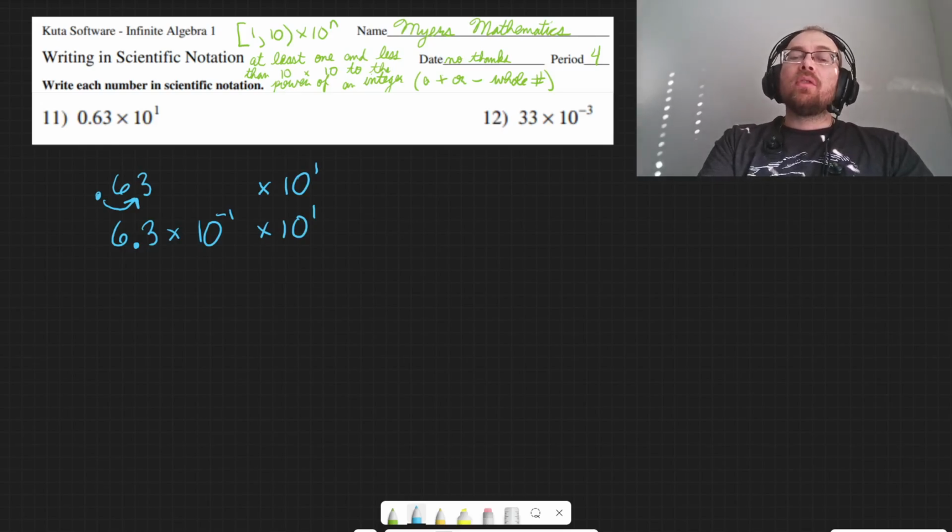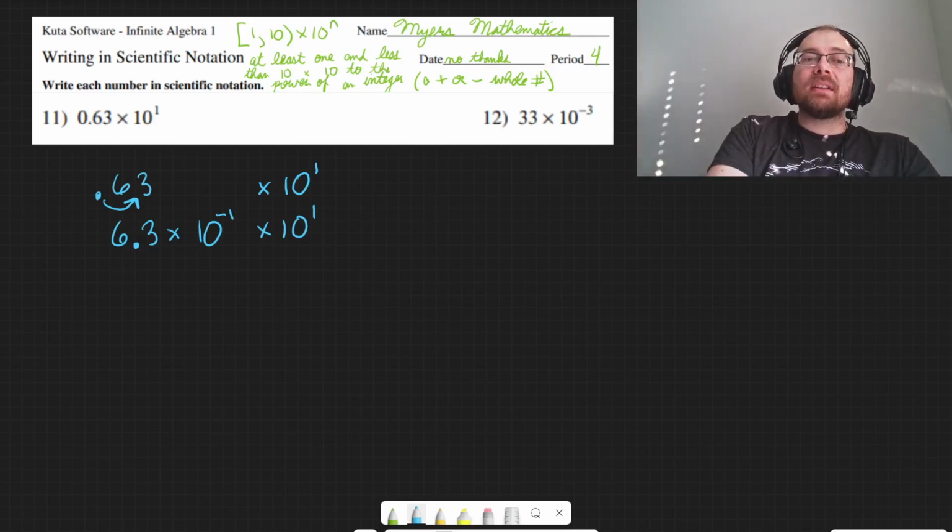Or if you know about exponentials and combining numbers with powers that have the same base, when you times two numbers that have the same base but different powers, could even be the same power, you add the powers together. So it'd be adding -1 and 1, which would make 0. And then it would be 10 to the 0 power. Anything to the 0 power is 1. However, I want to leave it as 10 to the power of something. So if I combine these, it would make 1, which is 10 to the 0 power.